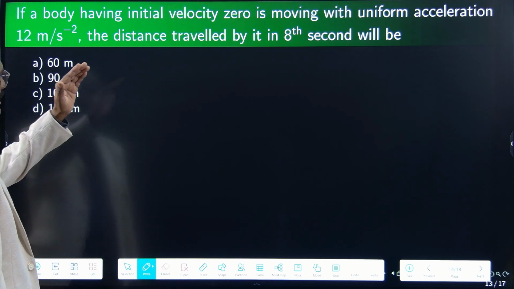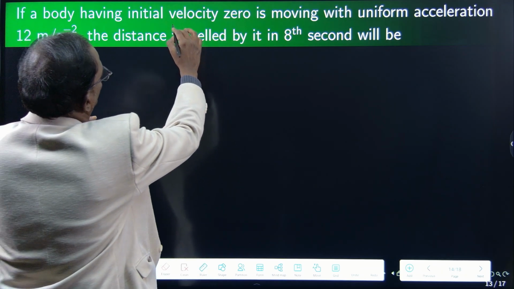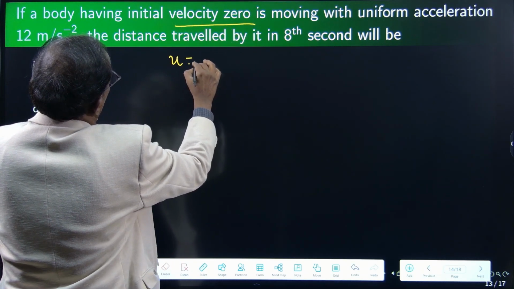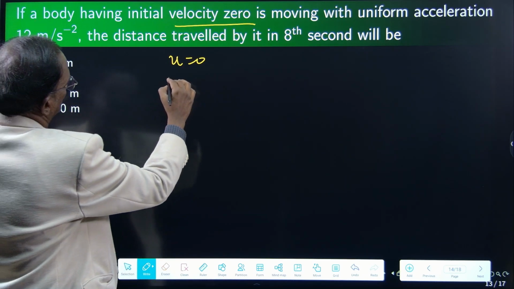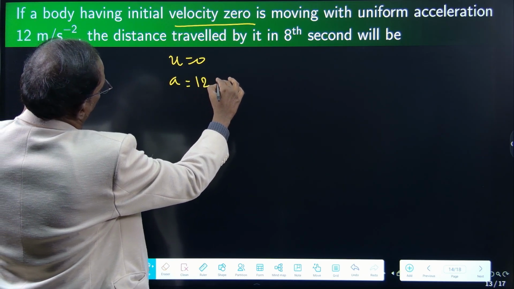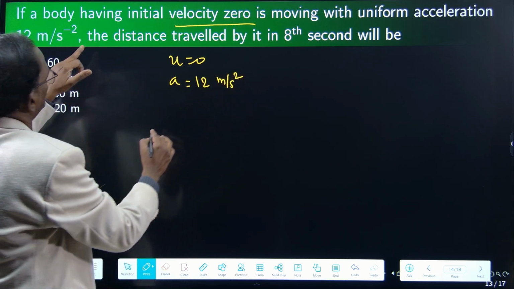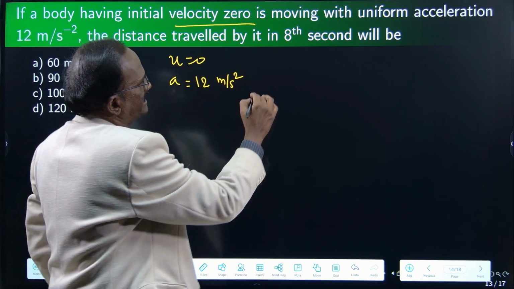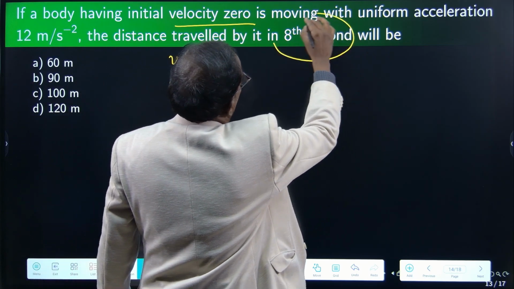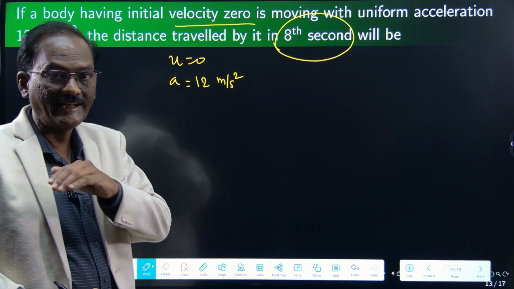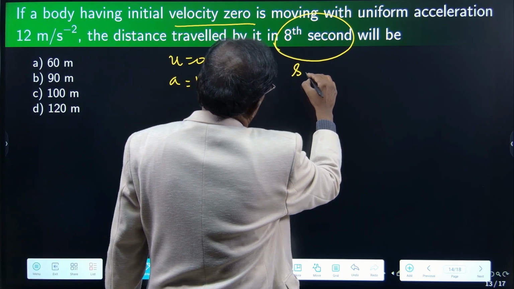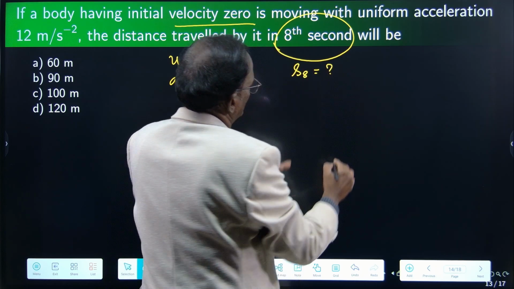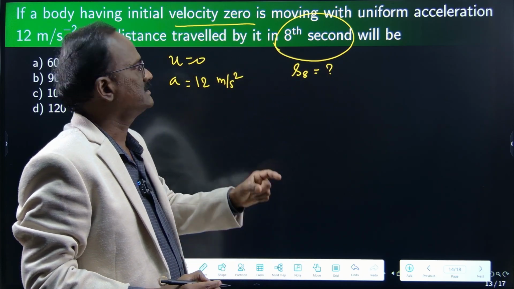Right. If a body having initial velocity 0, u is equal to 0, moving with uniform acceleration 12 meter per second square, the distance traveled by it in the 8th second, not in 8 seconds, 8th second. So this means s suffix 8 is asked.